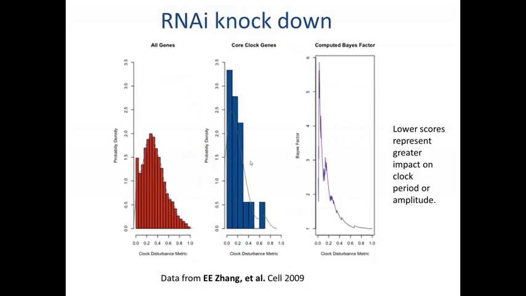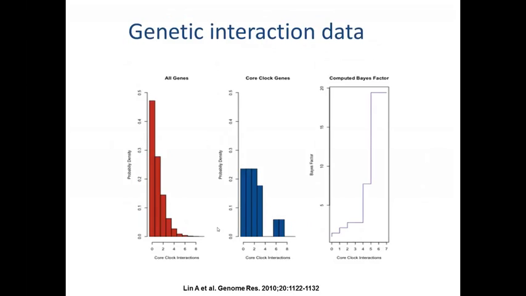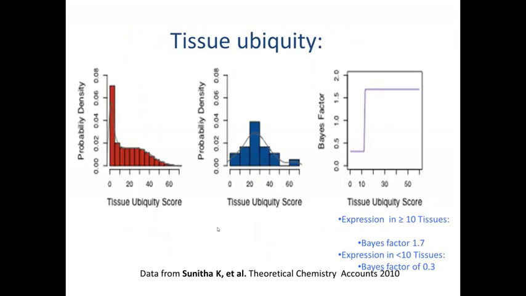So here's the RNAi screen that I mentioned earlier. Here's the distribution of all genes in the genome for having an impact on our cell-based screen, and here's the distribution of core clock genes. So there's information that's contained in the RNAi screen that's indicative of core clock factors. There's information in genetic interactions. There's information in looking at tissue ubiquity. I told you that clock genes are expressed nearly everywhere.